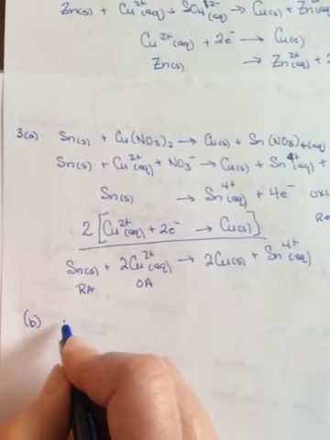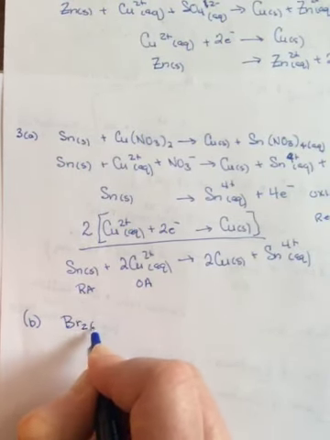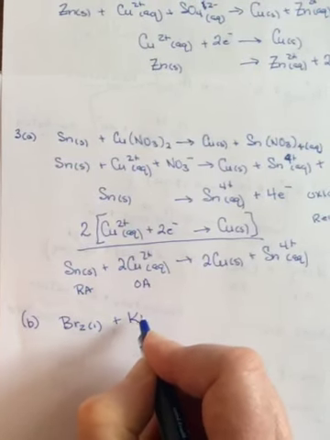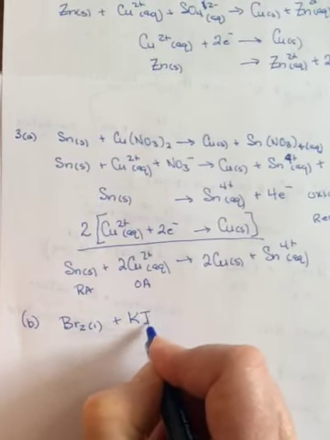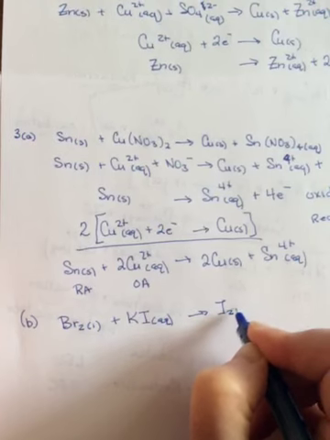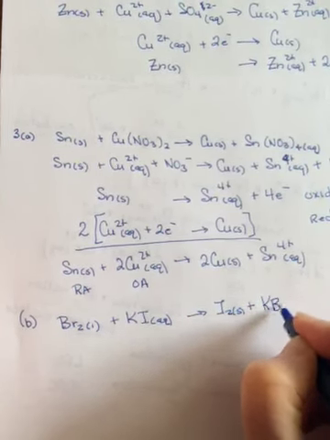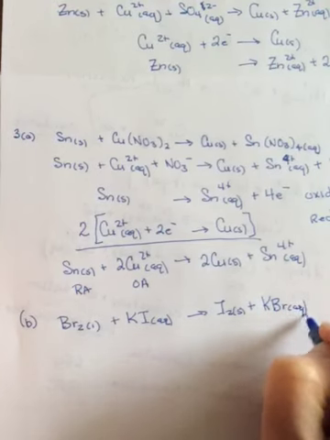3B's equation is Br2 liquid plus KI aqueous going to I2, and I have a feeling that's a solid, even though there's no state there, plus KBr aqueous.